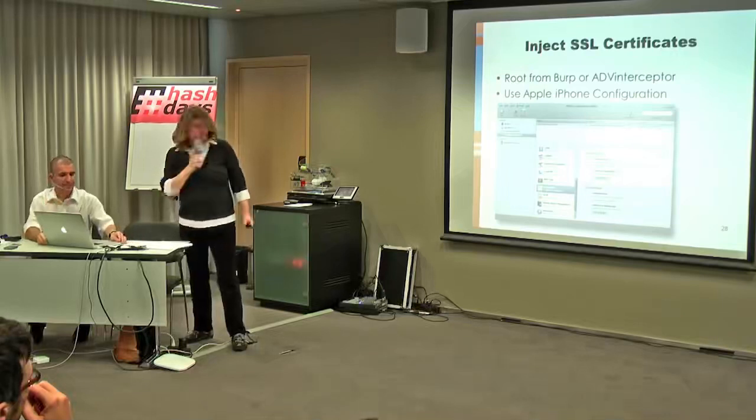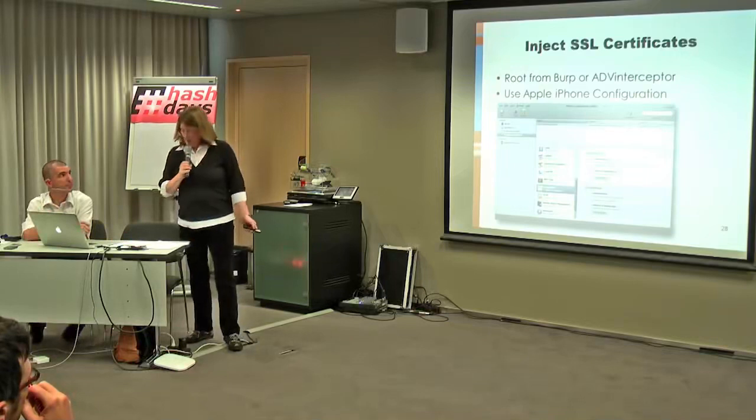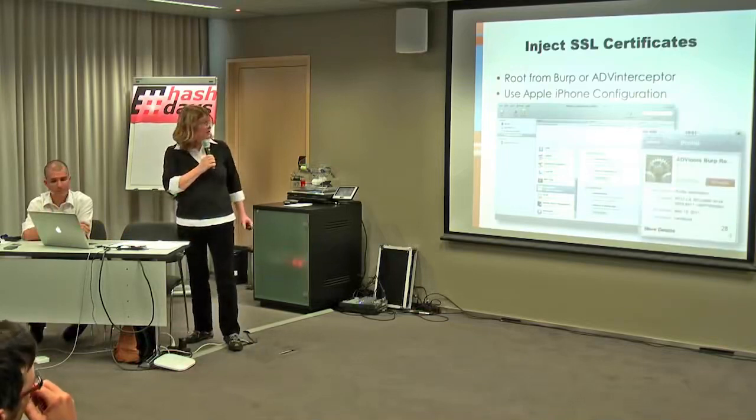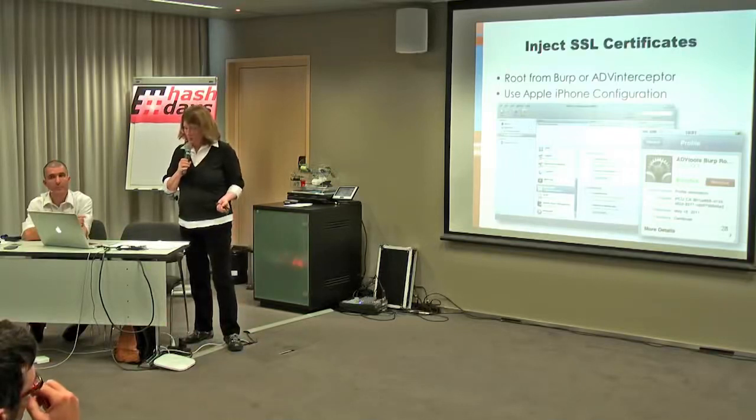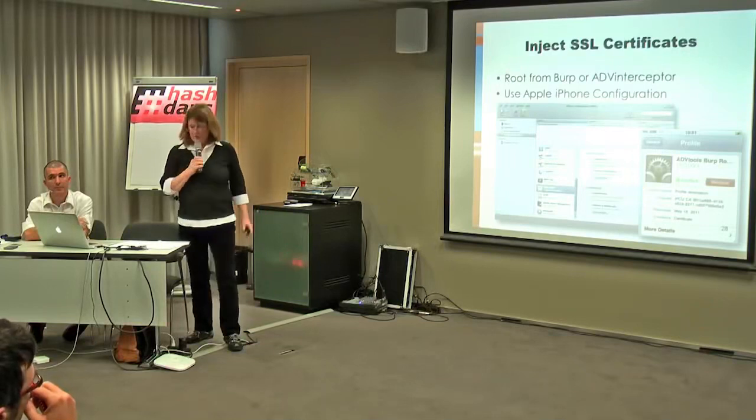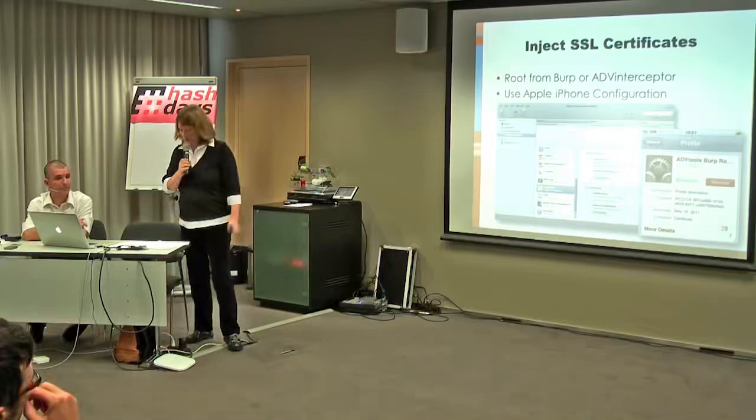In order to intercept SSL traffic, we make a classical man-in-the-middle attack. Most iOS applications verify the validity of certificates, so we have to inject our root certificate into the device. You can see that on the screen on the left.